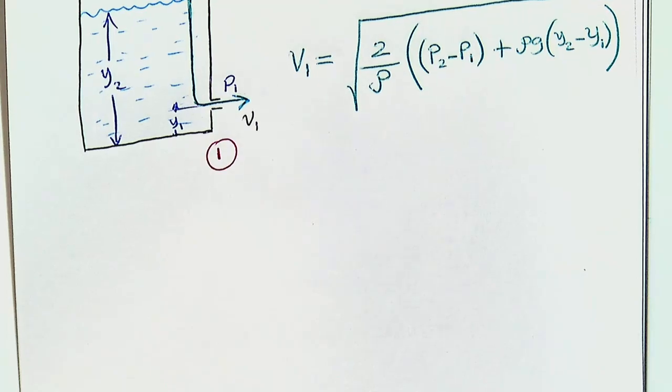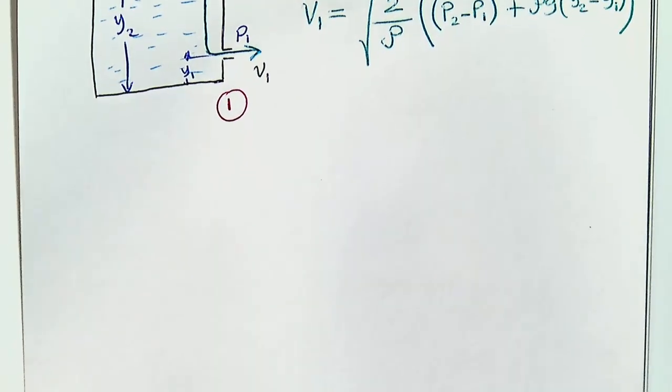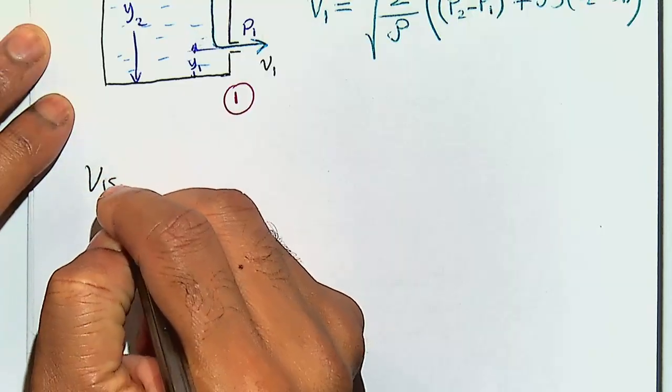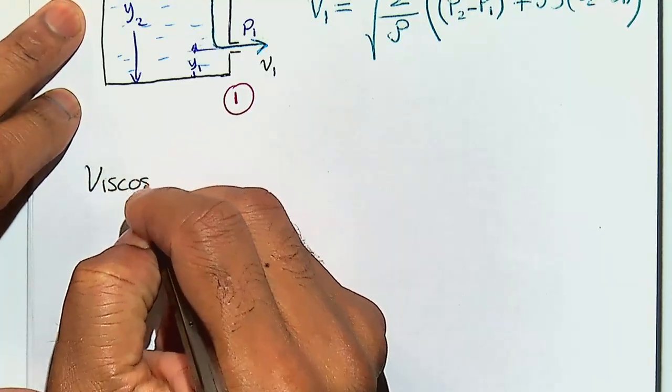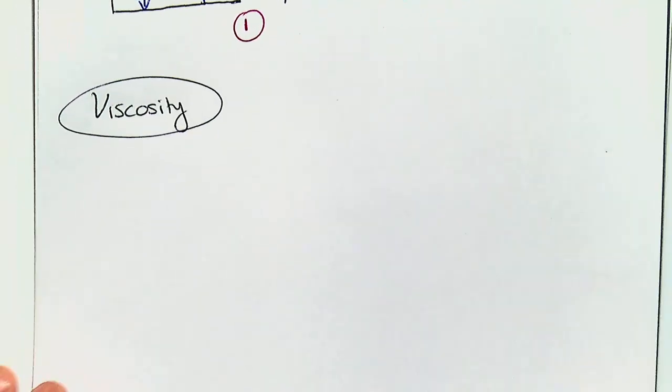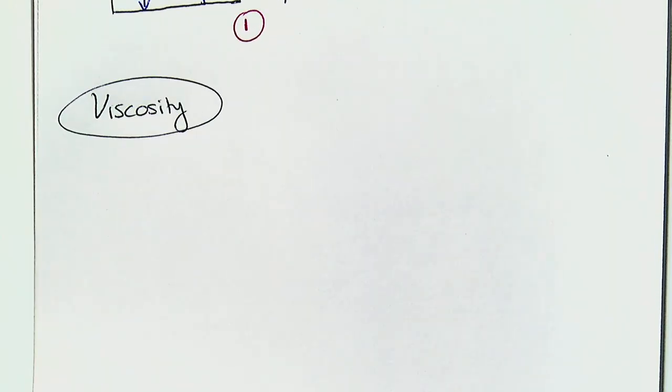But I'm going to give you a little flavor of what viscosity is, right? That way you have an idea, hey, what the heck is it? So viscosity, like I said, the descriptive way of thinking about it is the stickiness of how fluids flow, right? A good example to compare is syrup versus water.